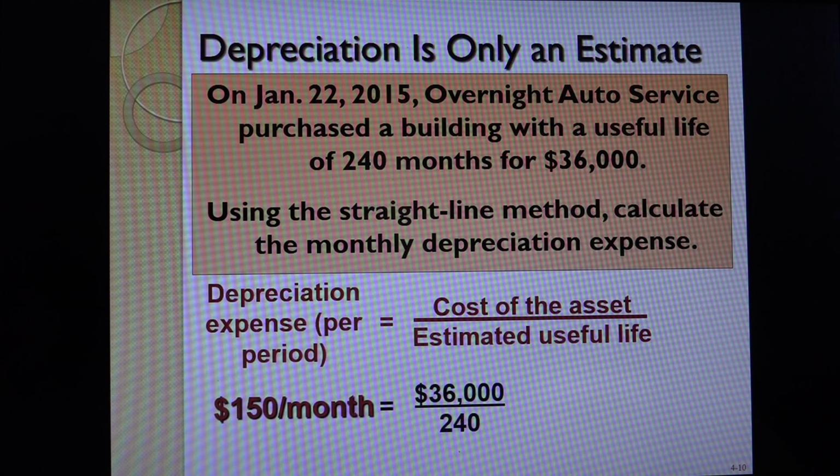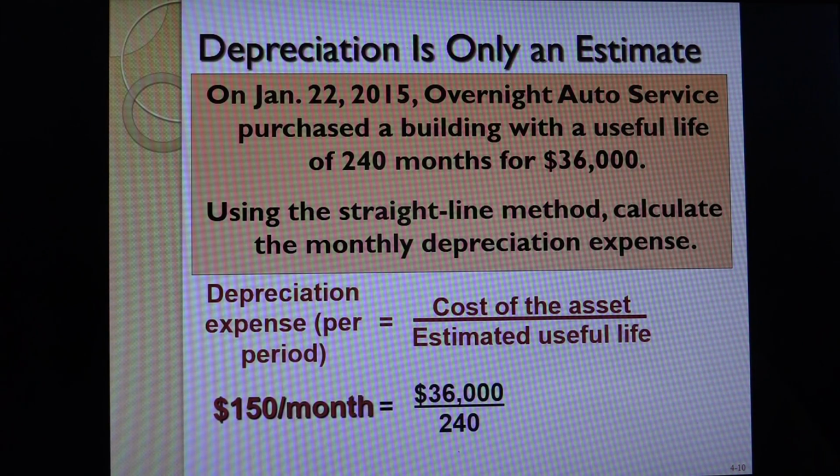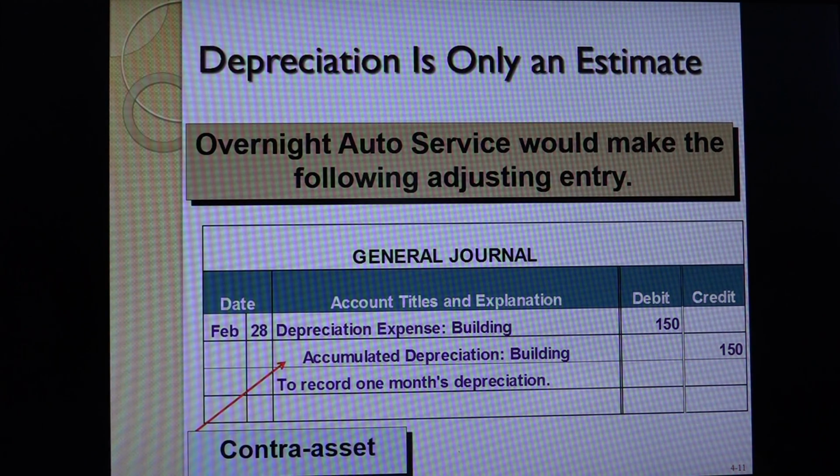And so on your books, what happens each month, the book value of your building goes down $150 a month every month. And this account called depreciation expense goes up every month through this journal entry.